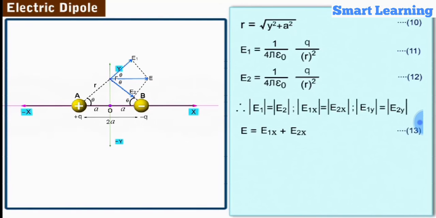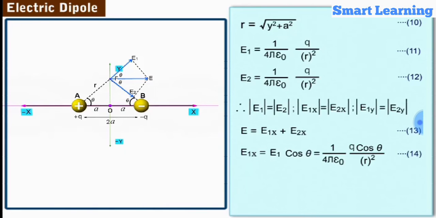As the angle between E1 and x-axis is theta, the component E1x is equal to E1 cos theta. Substituting the magnitude of E1, we get E1x is equal to 1 by 4 pi epsilon naught into q cos theta by r square. Let us label it as equation 14.